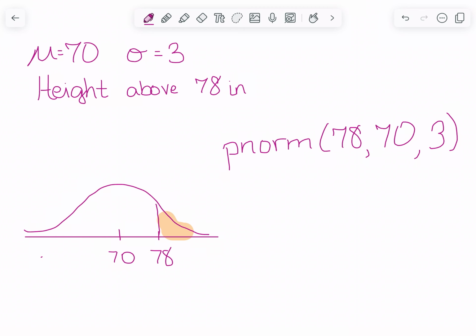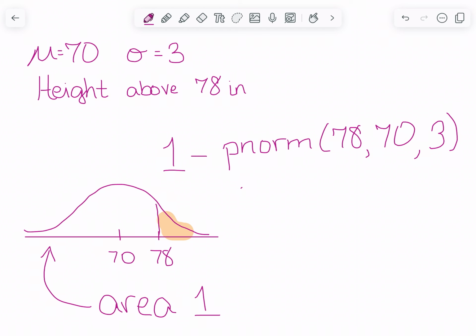To get the area to the right, I have to consider that the entire curve has an area of 1. So if I take the entire curve and I subtract the area that I don't want, my unshaded region, then I'll get the area to the right, what I do want.